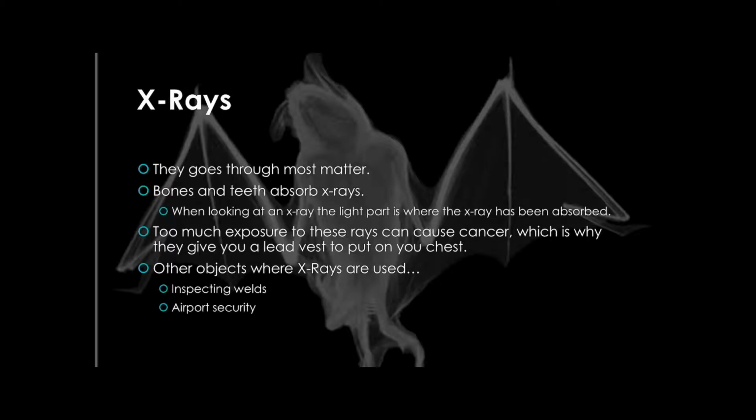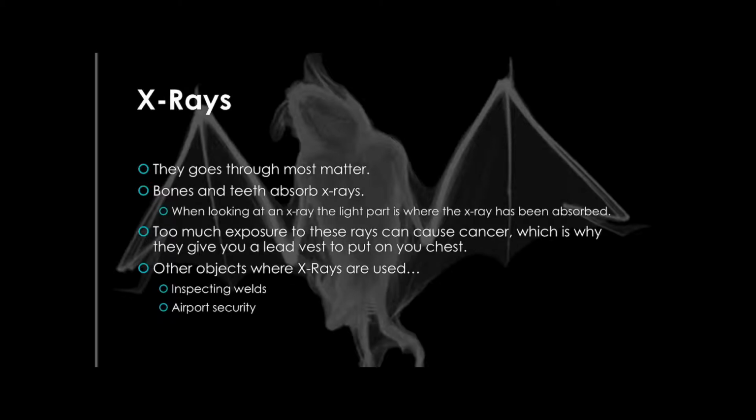Now let's talk about X-rays. These can go through most matter, and if they've ever shown you your X-ray, you can see that you can only see your bones and your teeth because they absorb the X-rays. Looking at your X-ray, or the X-ray I have in the background here of a bat, the light parts are where the X-ray is being absorbed.